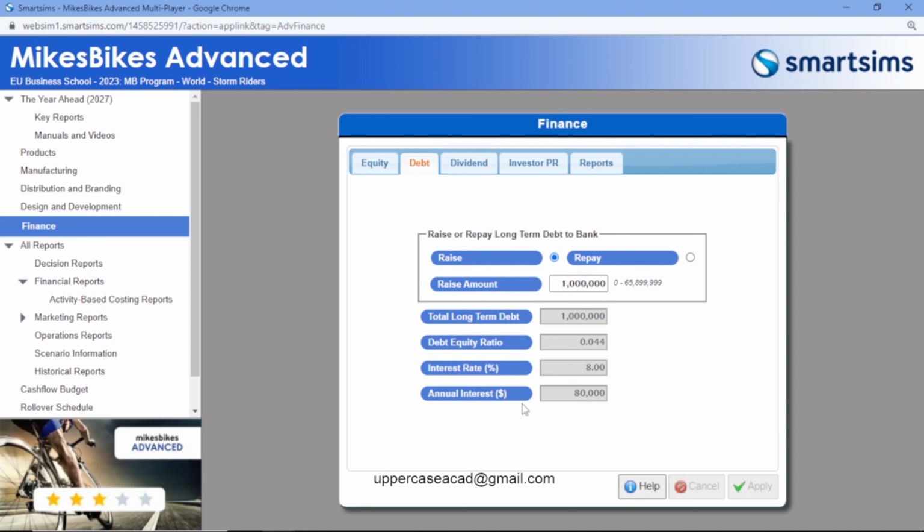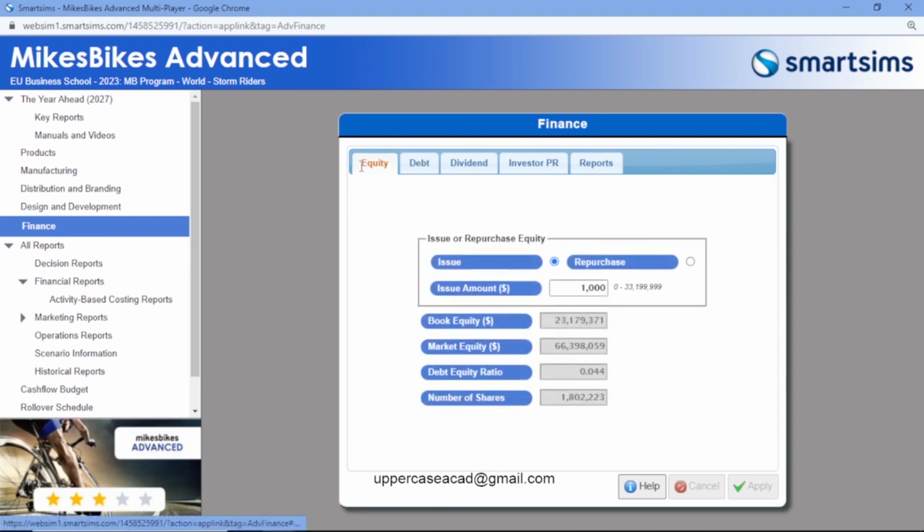So if you have excess cash, you can use it to increase your shareholder value. This is done in the later rounds of the game. You can come into the equity page and repurchase your company shares. You can also repay debt, which will improve your debt to equity ratio, and this will increase your shareholder value.